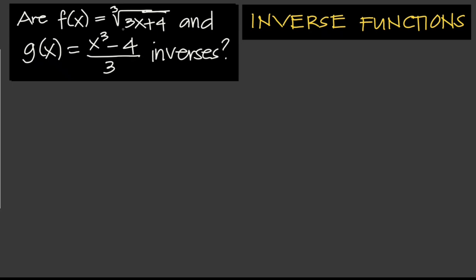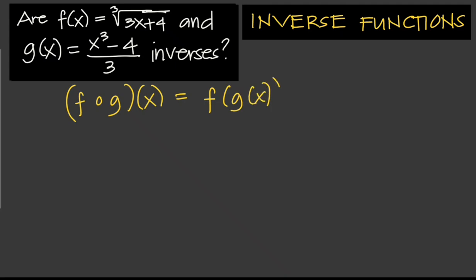Let's try some examples here. Our f of x equals the cube root of 3x plus 4 and g of x equals x cubed minus 4 over 3. Are they inverses? Let's try calculating the composition of these two functions. We can write f of g of x.